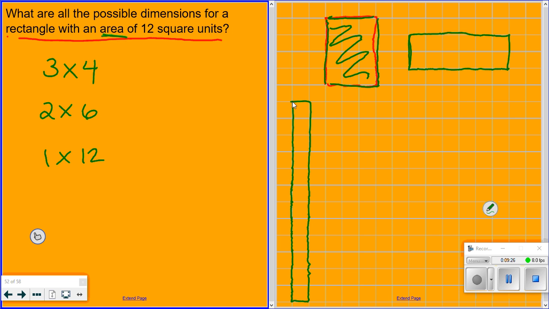Yeah. Do we see that each multiplication equation we just wrote equals 12? These are just rows and columns. 3 rows by 4 is equal to 12. 2 rows by 6 is equal to 12. And 1 row of 12 is equal to 12. Sean?